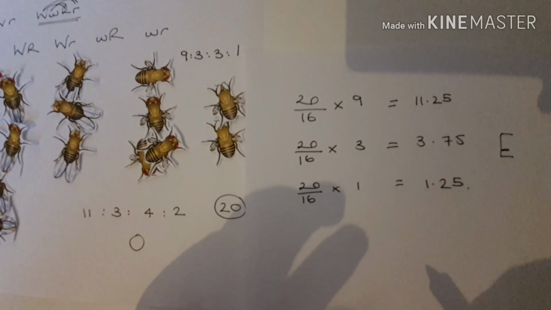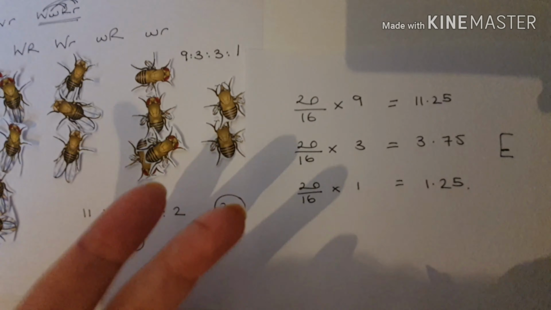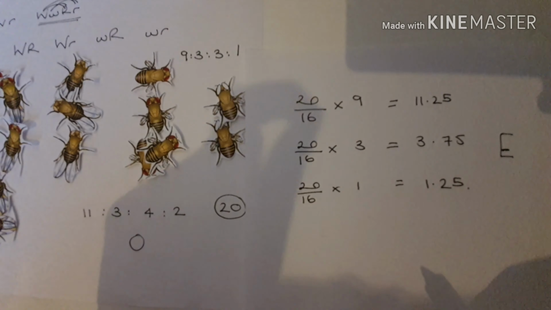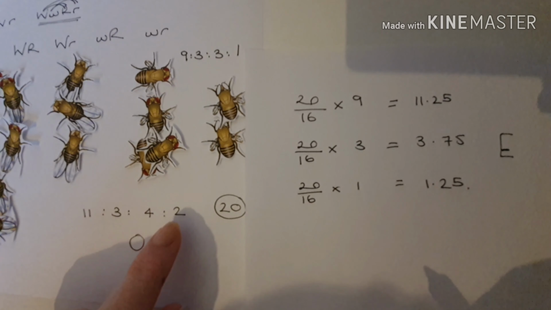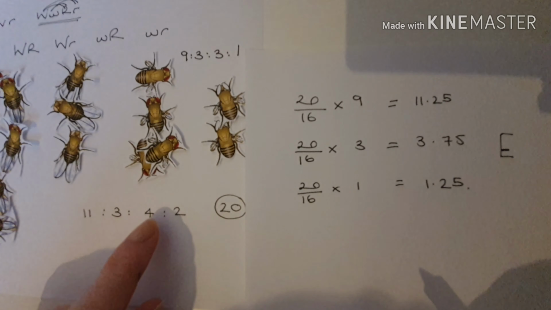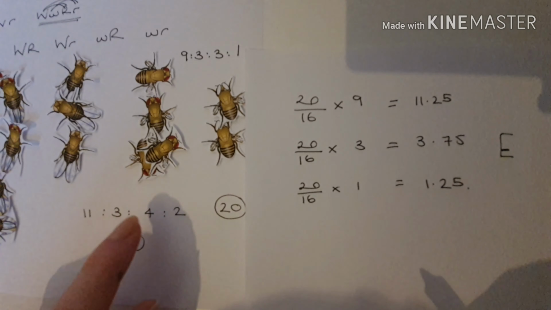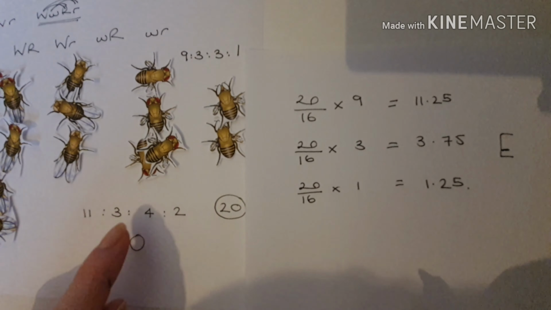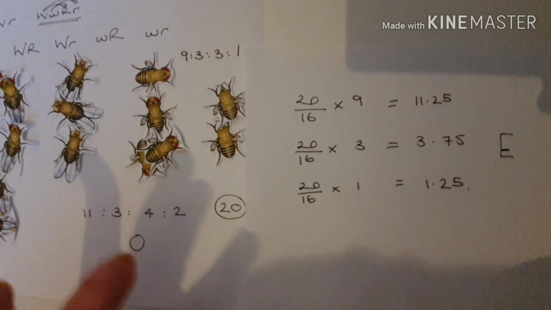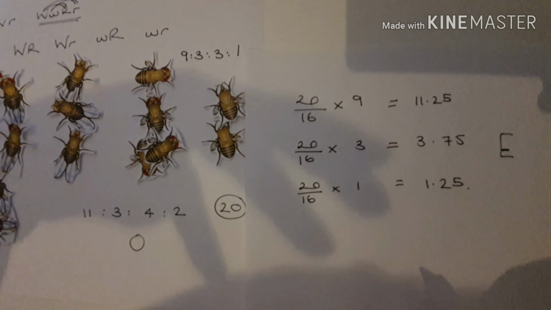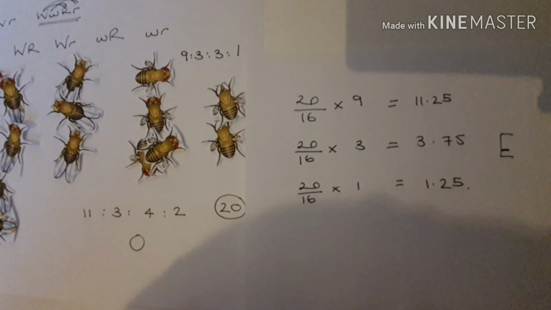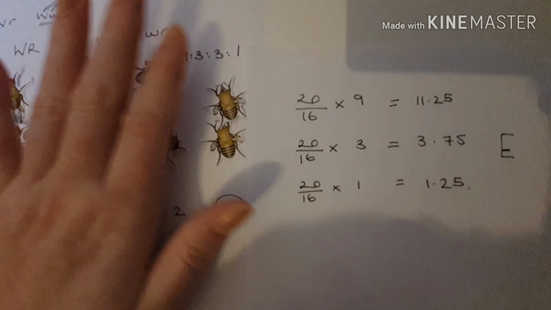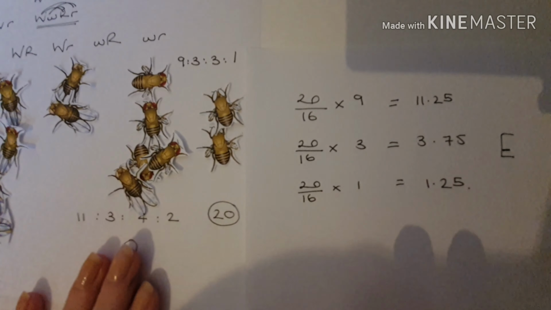Even just looking at it, not even looking at my chi-squared table yet, I would say that this follows Mendelian genetics, and any difference I've got here, like the 2 and the 3 and the 4 rather than having the same number, is just due to chance. It's not that we have to rethink Mendelian genetics. It's not that the ratio is wrong. It's just purely chance in the random population of Drosophila I had here.